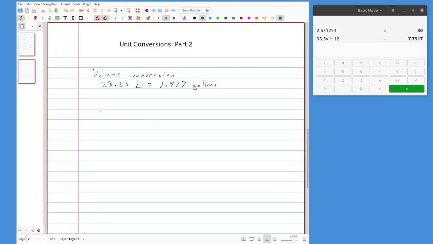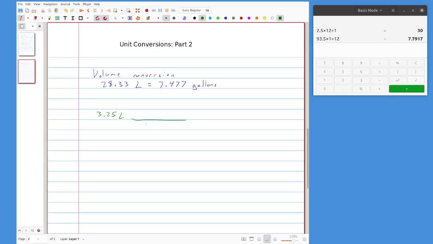So let's say I have an example where I've got 3.25 liters, and I want to convert that into gallons. So we do the same sort of process where I look at, okay, what do I have here on top is liters.